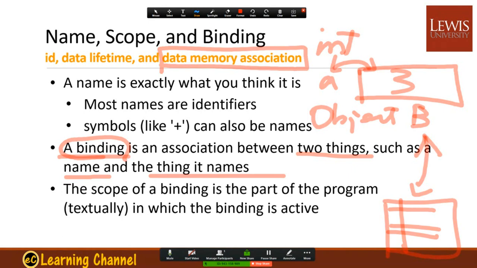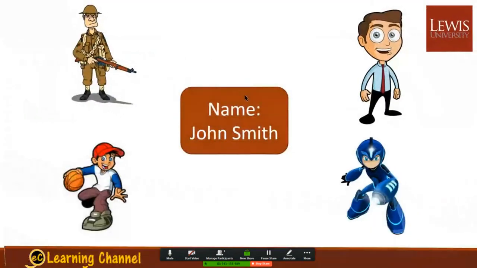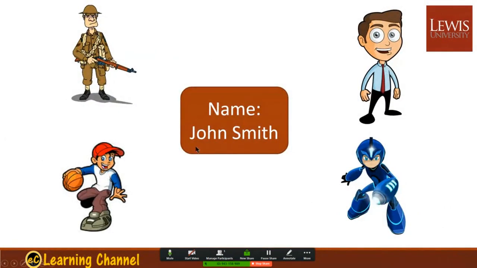And when the binding is active, we call that the scope of the binding. So take the name John Smith.